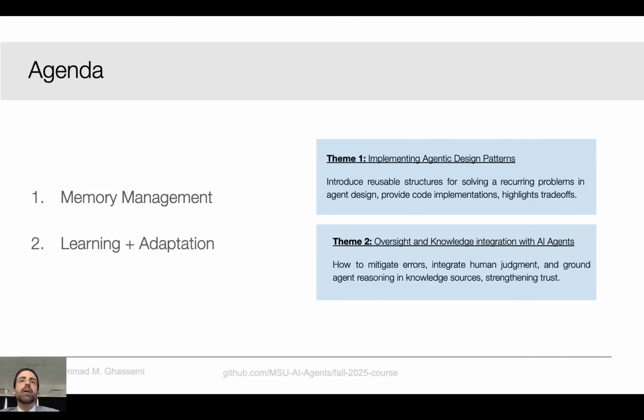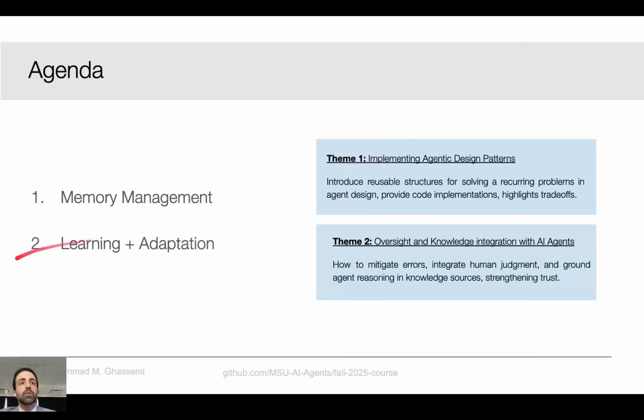Okay. There's two broader thematic things we'll be touching on as we go through the content together. The first, when it comes to the memory management portion, I'll be giving you an actual implementation of the agentic design pattern. So I'll show you some code that illustrates how you do memory management.